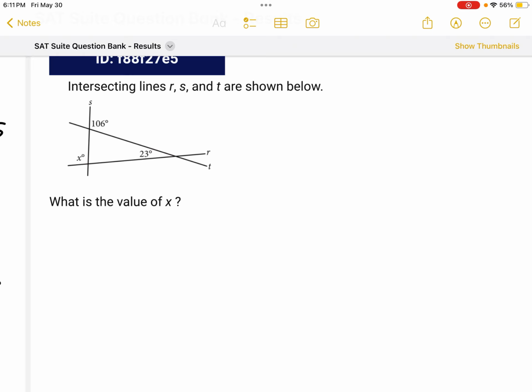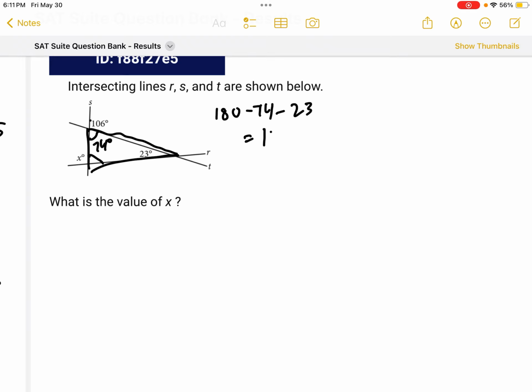Stuff like that. So here, immediately, we notice we got a pair of supplementary angles. This angle will be 74 degrees, because 180 minus 106 is 74 degrees. And then here, we have ourselves a nice triangle. So this angle right here that I've just drawn in black will be 180 minus 74 minus 23.